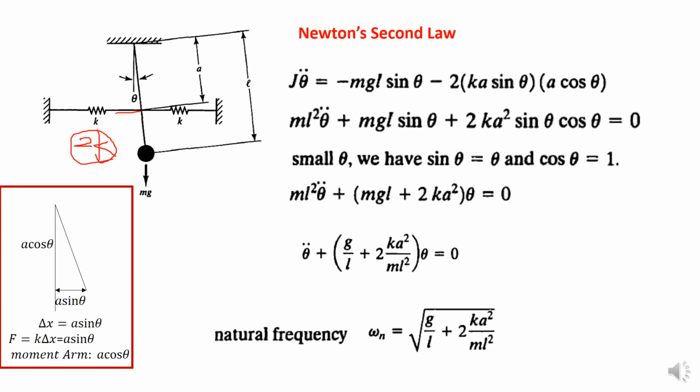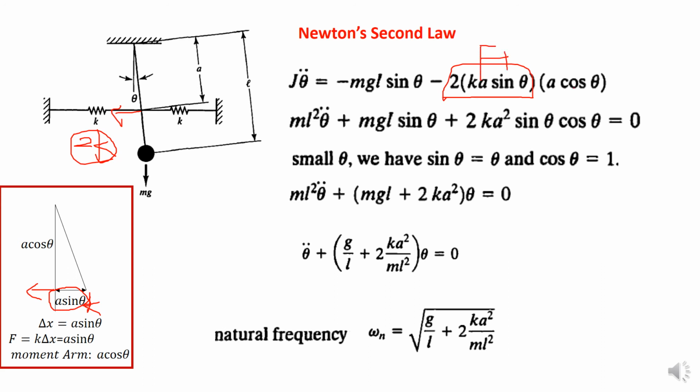So our equivalent stiffness is 2K, and we will generate a force going in this direction. The force will be related to K multiplied by A sine theta, due to the compression and elongation of the springs. So it will be 2K A sine theta.